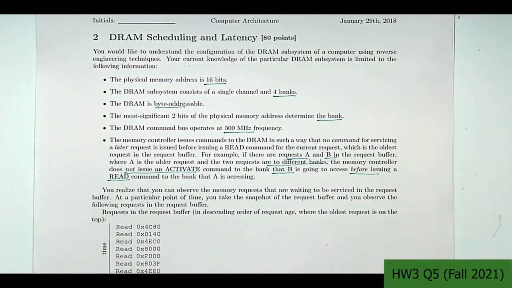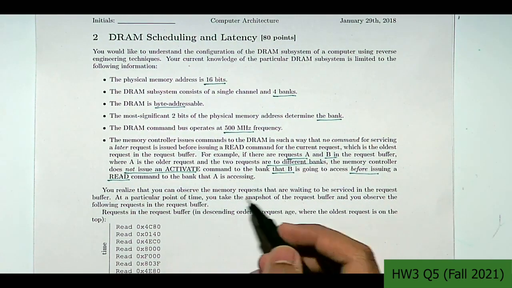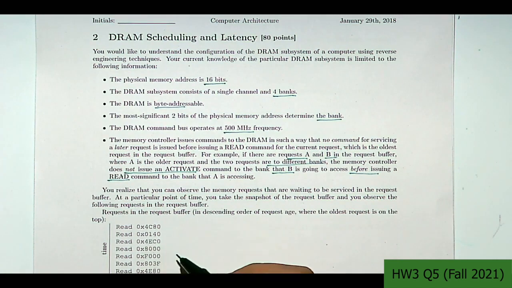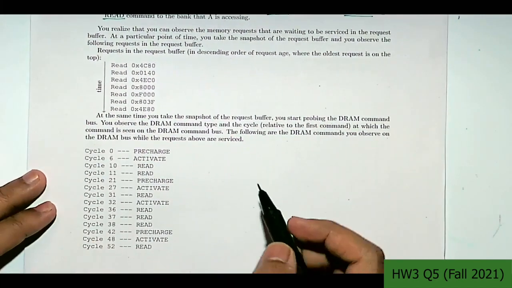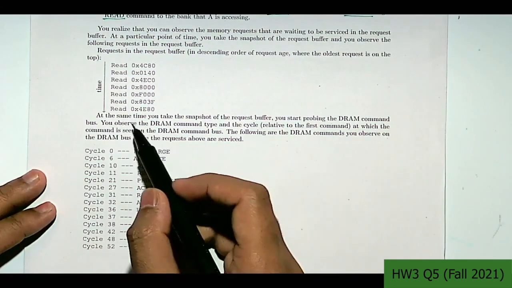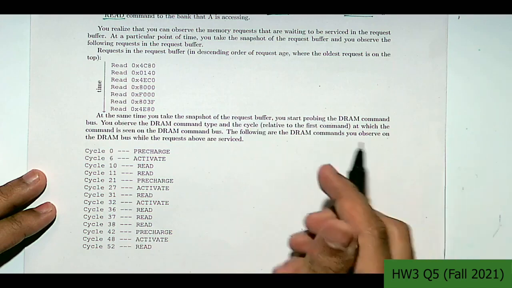Make sense? And then it basically says that this is the state of the memory requests that you currently have in the DRAM request buffer. The third sequence says that at the same time, you take a snapshot of the request buffer and you start probing the DRAM command bus.